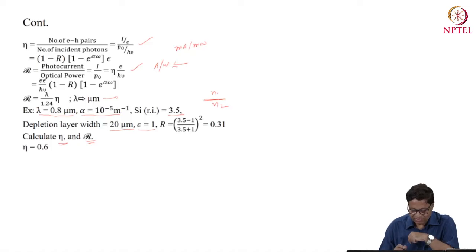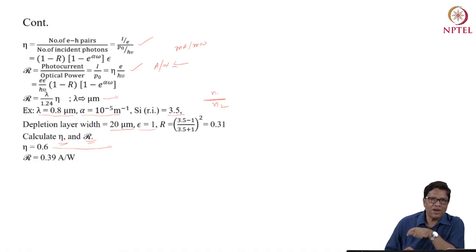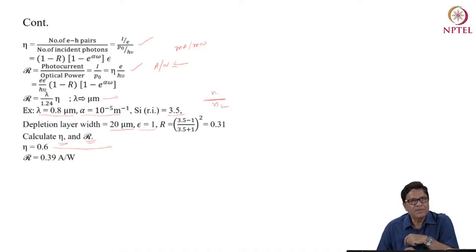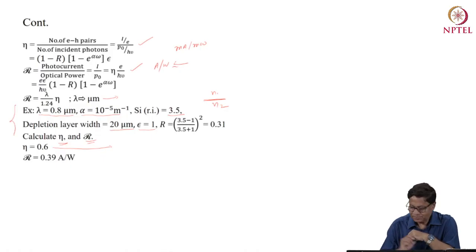In this case, if you plug in the values, you get an efficiency of 0.6 or 60%, and responsivity of 0.39 amperes per watt. So each 1 milliwatt of power incident on the photodiode will generate about 0.39 milliamperes of current. So these are the efficiency and responsivity values for this particular example.